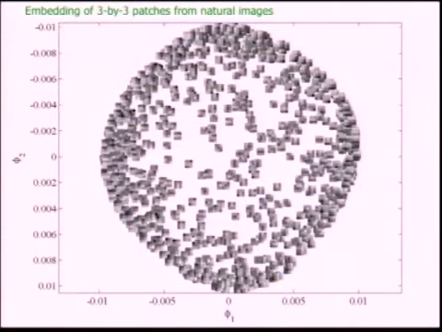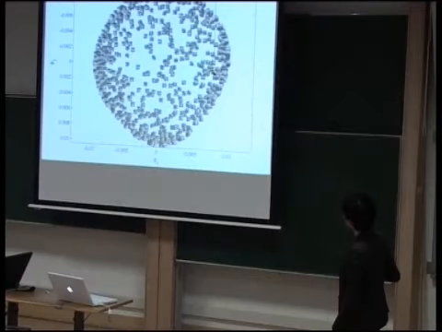And here are some results for real data. Here I've extracted small patches from many natural images. And what you see here is the embedding of these patches. And this parameterization captures variability in terms of rotations. So on the border here, you have edge patterns.